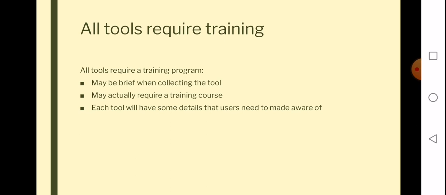Now all tools require a training program. It may be a brief when collecting the tool, or it may actually require a training course. So each tool will have some details that users need to be made aware of. For some, the training will be extensive. To adequately understand a digital camera can require a few hours of training.